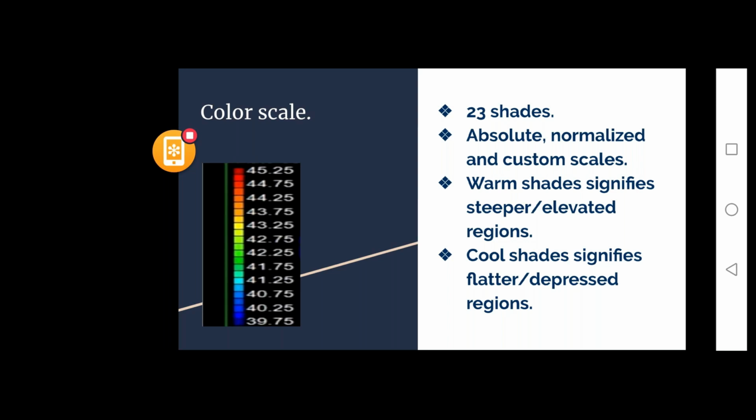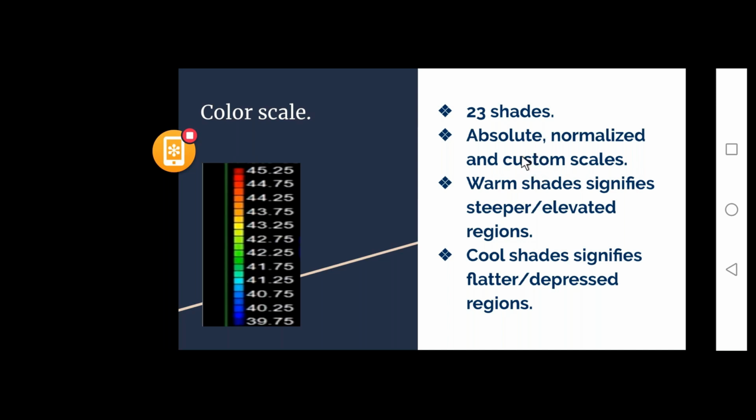So we need to remember that there are three types of scales which are being used. One is known as an absolute scale, one is known as a normalized scale, and one is known as a custom scale. Now which type of scale you are using signifies how many diopters each of the shades represents.